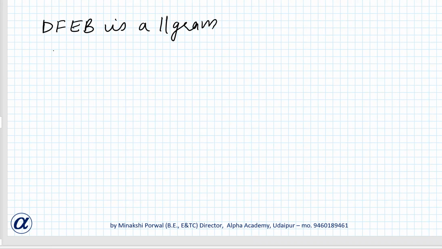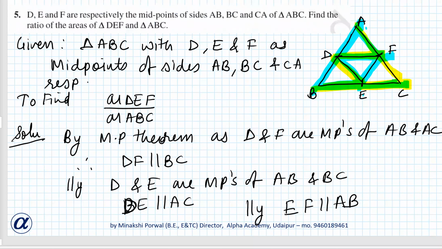And we know that the diagonal of a parallelogram divides it into two congruent triangles.